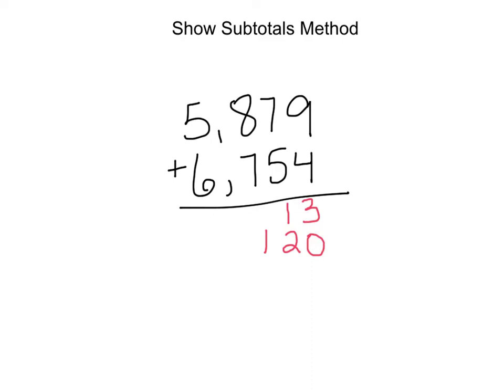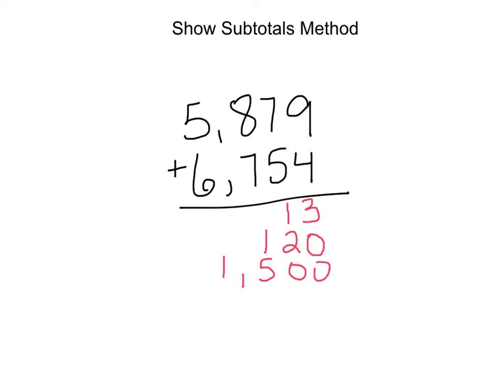So now I've taken care of my ones place, my tens place. Now I'm going to add my hundreds numbers. I have an 8 and a 7, which are 800 plus 700. Well, 800 plus 700 is 1,500. So I'm going to write that subtotal down there.